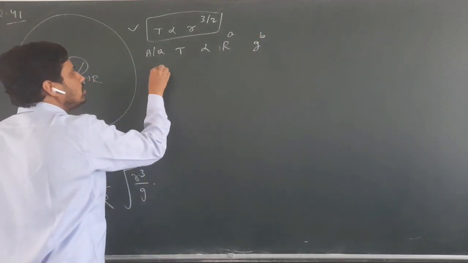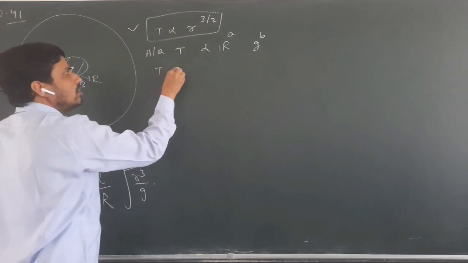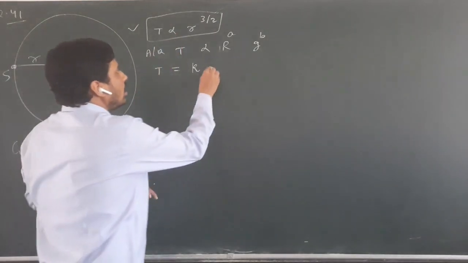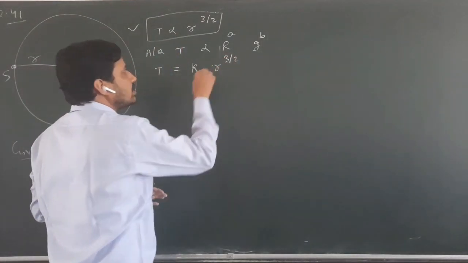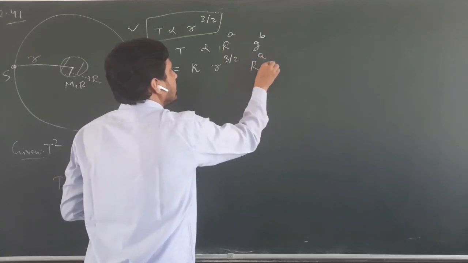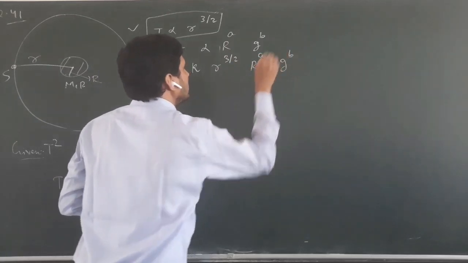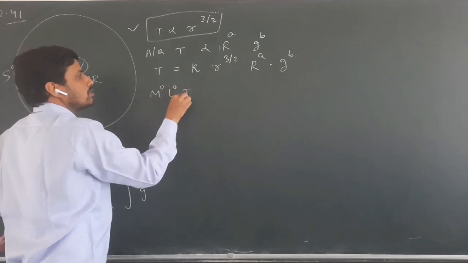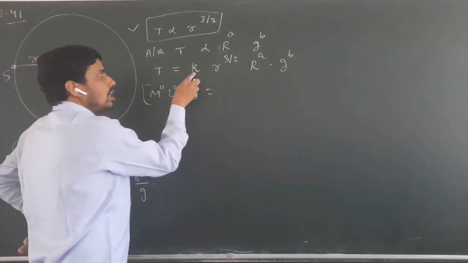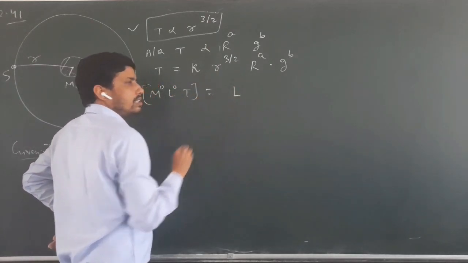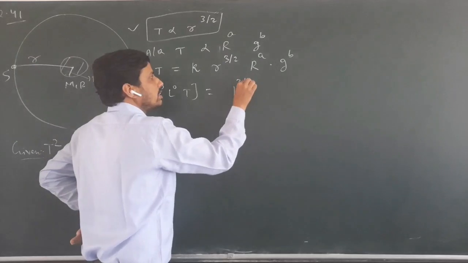So if we combine them, we write T is equal to some dimensionless constant k into r to the power 3 by 2, that is known to us, into capital R to the power a, g to the power b. Let's write their dimensions. T is M to the power 0, L to the power 0, T. No dimensions because it is dimensionless. r is L to the power 3 by 2.